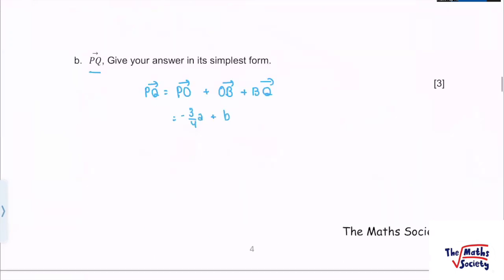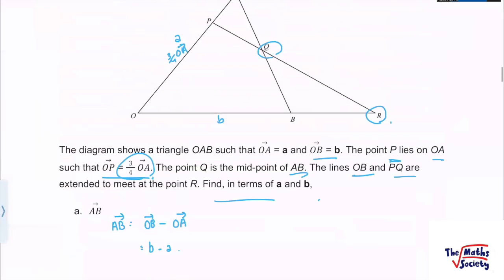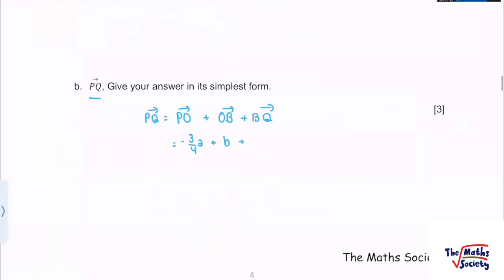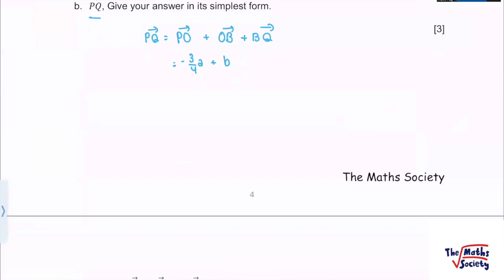Plus OB is B, and BQ, it's the midpoint of AB, so it's going to be minus half B plus half A. That's just going to be minus 1 by 4A plus 1 by 2B. And that is your PQ.